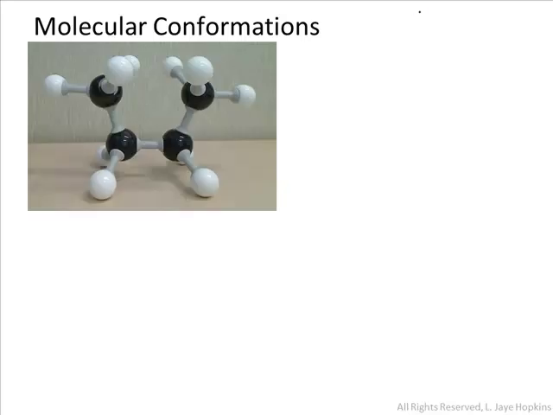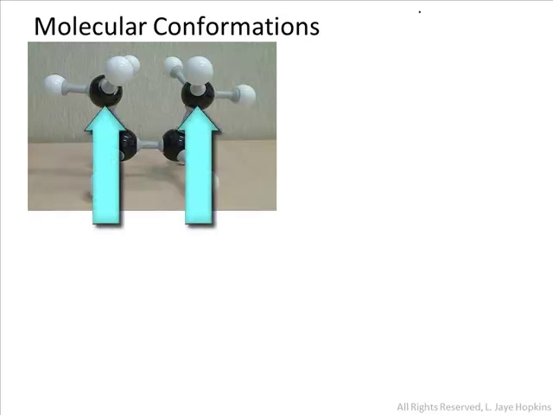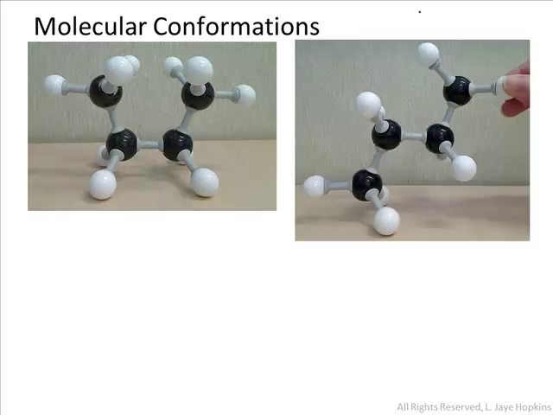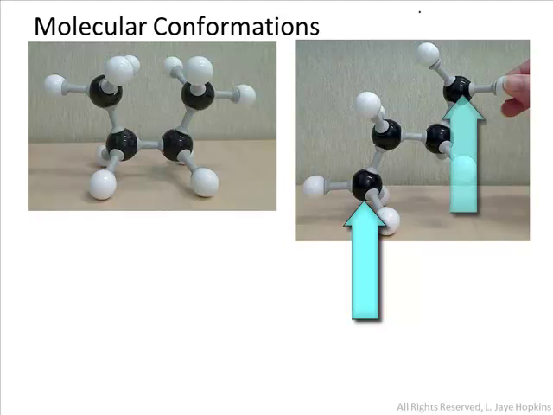In the case of butane, we saw that one possible conformation allows the first carbon and the 4th carbon to essentially be on the same side of the molecule. In this case, they're both pointing up. Another conformation exists when the first carbon and the 4th carbon point in opposite directions.